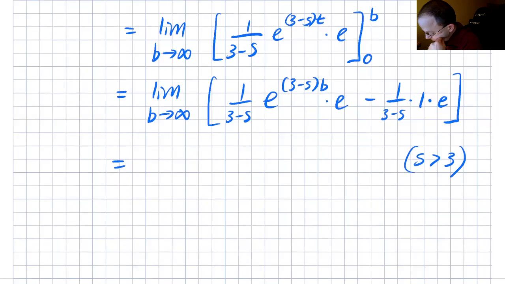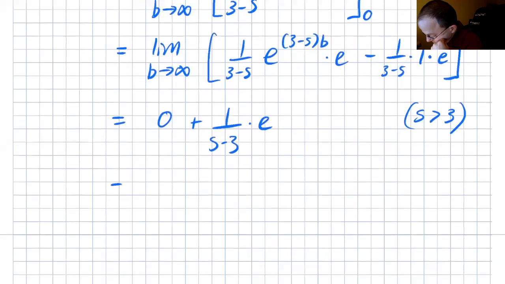So if s is greater than 3, then that term will go to 0. So we'll get 0, and then here we'll get plus 1 over s minus 3 times e. And so we get e over s minus 3, as we expected.